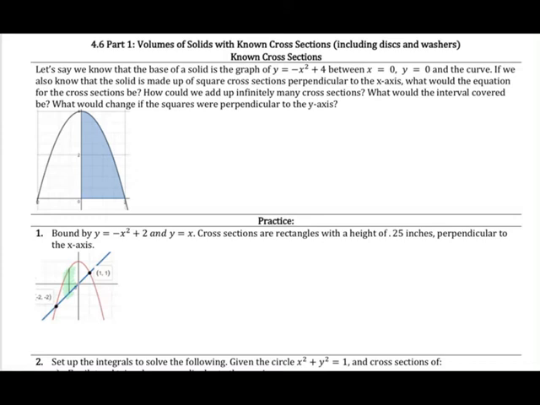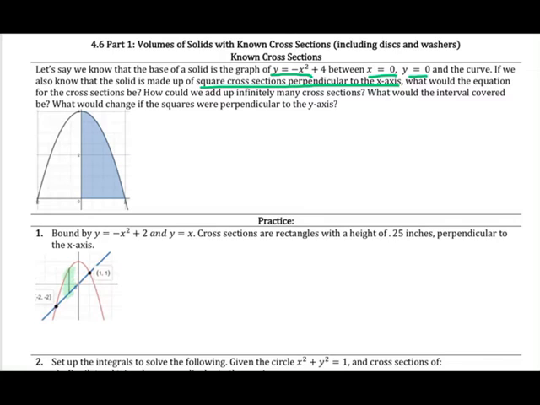So let's say that we know the base of a solid of the graph is y equals negative x squared plus 4, and we're looking at the region between the two axes, so the shaded region in this graph below. So think three-dimensionally. We know the solid is being made up of square cross sections that are perpendicular to the x-axis.